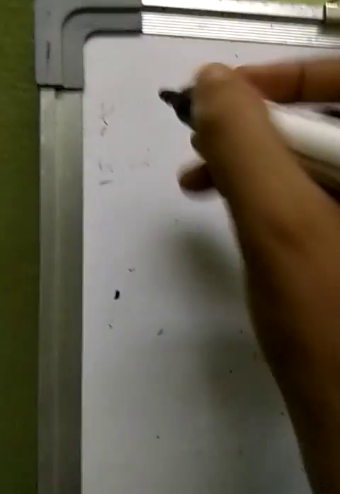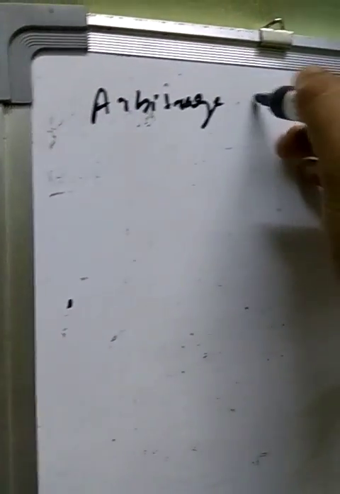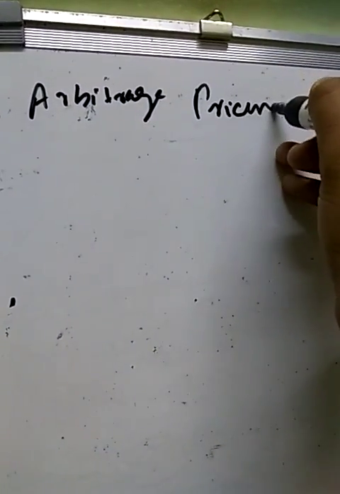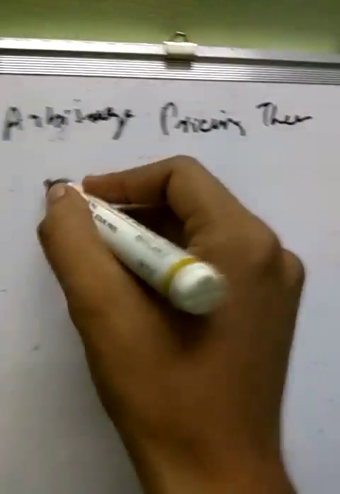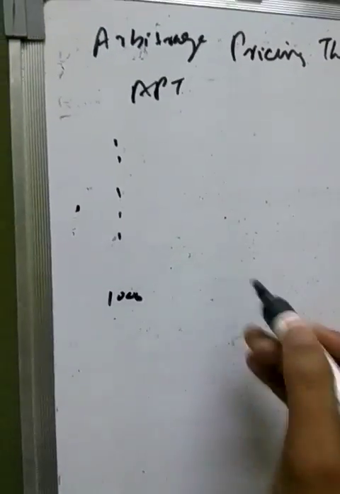Okay, so arbitrage pricing theory, APT. Now we have to do some arbitrage from this. From 1 to 1000, stocks are ranked.